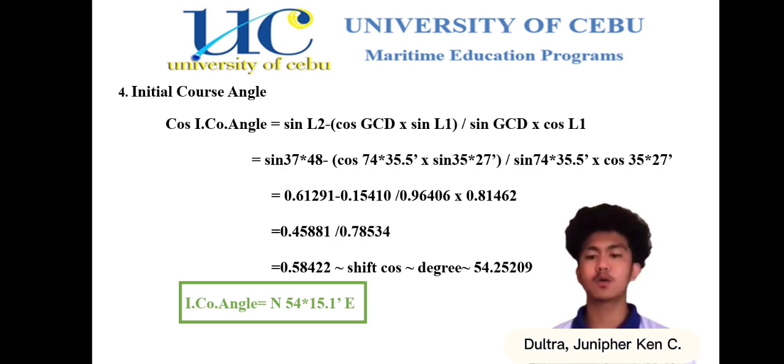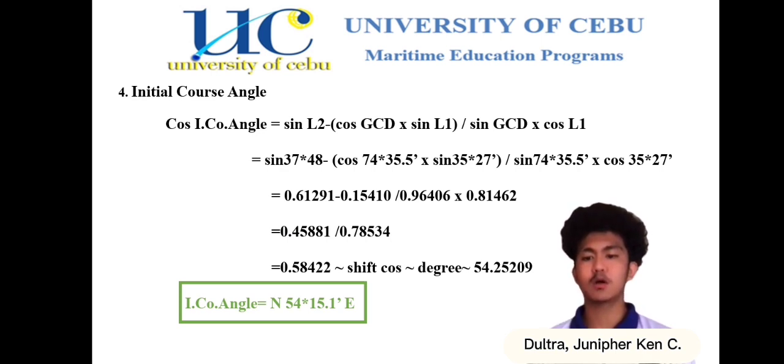So given that our latitude 2 is 37 degrees 48 minutes, our latitude 1 would be 35 degrees 27 minutes, and our great circle distance would be 74 degrees 35.5 minutes.